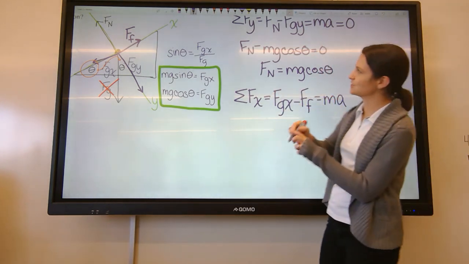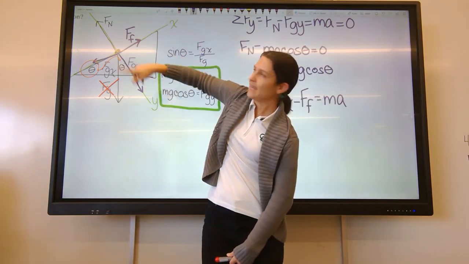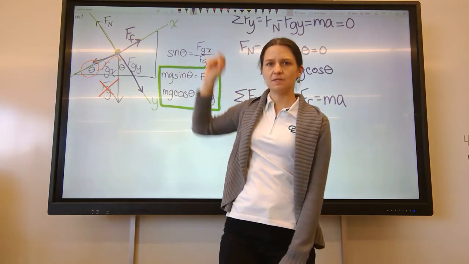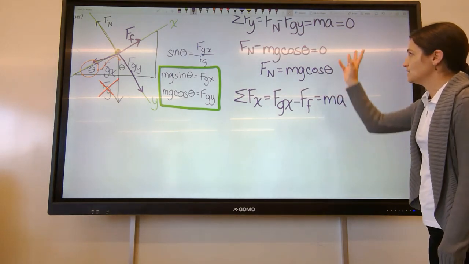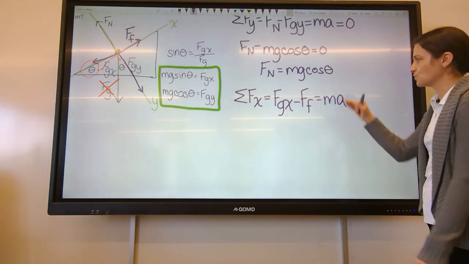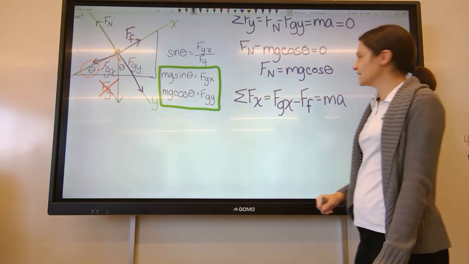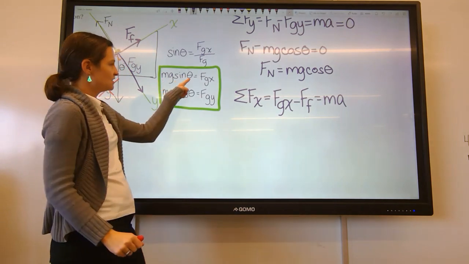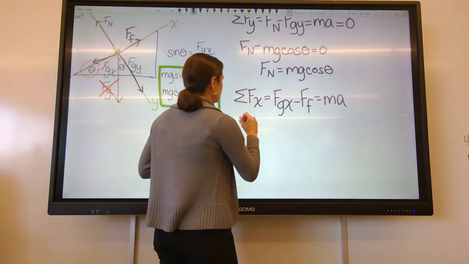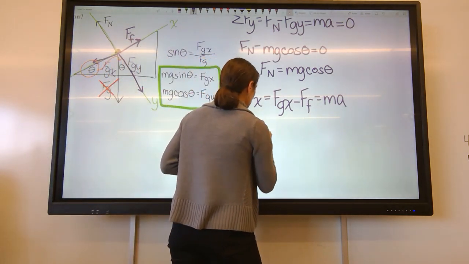And remember, x is really this angle here, and so that a is going to be the 0.3 meters per second squared from the problem. So I'm going to do the same thing that I did above. I'm going to rewrite this, but I'm going to start plugging in things that I know. So Fgx is going to be mg sine theta, because that's always true. So mg sine theta.